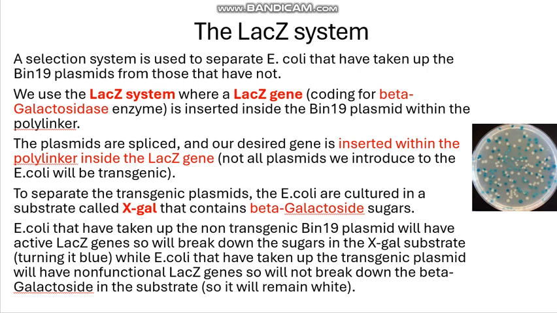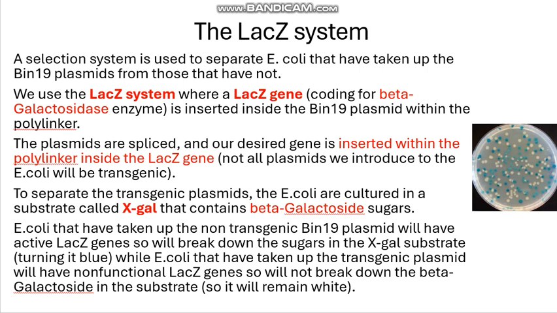So when we have all of our agrobacterium, we're trying to inoculate them with our plasmids. When we make our plasmids, not all of the plasmids are going to be transgenic. Not all of them are going to be cut in the middle of the LacZ gene, and not all of them are going to have our transgene, so not all of them are going to have our anthocyanin gene in our example.